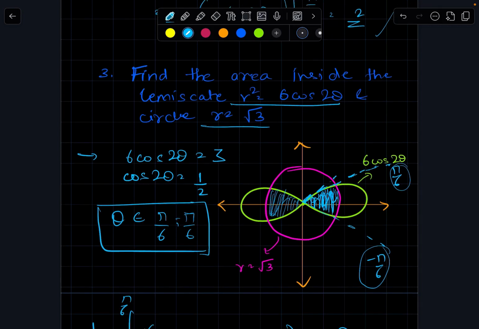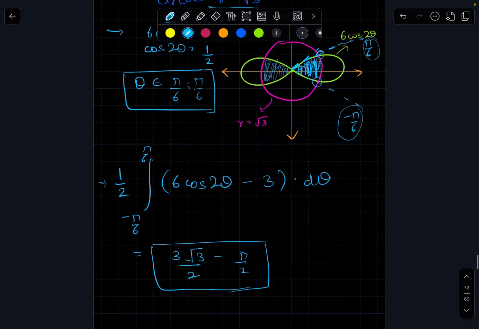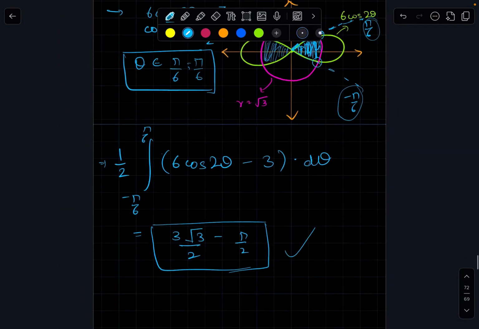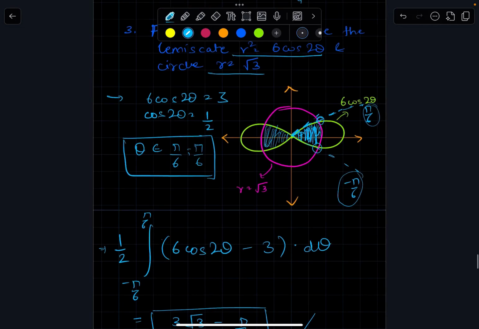And that's how you find the point of intersection, or you could say the angle of intersection for these two curves. So you input all these values and you get the answer as 3 root 3 by 2 minus pi by 2, and then you multiply it by 2 to get 3 root 3 minus pi for your total area of the region bounded by the circle inside the lemniscate.